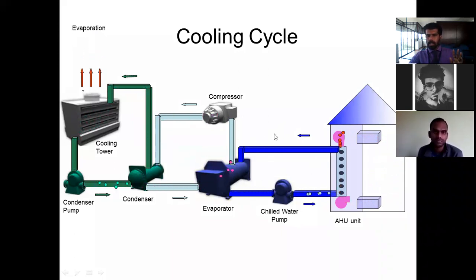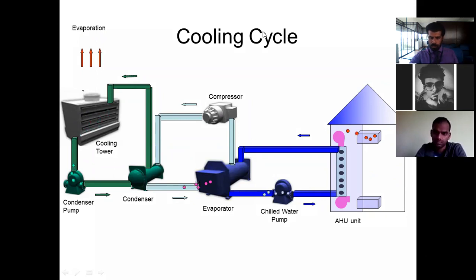One is the chilled water is converted to hot water, and here the hot refrigerant is converted to cold refrigerant. These two happen inside the chiller with two different operations. So this evaporator part and this condenser part, combined, are known as the chiller. So you have to keep that in mind.